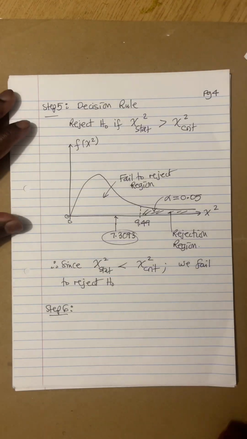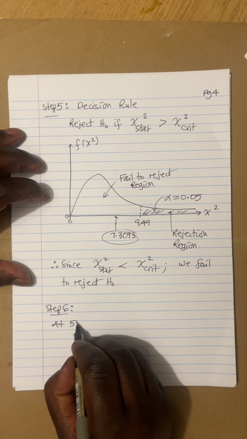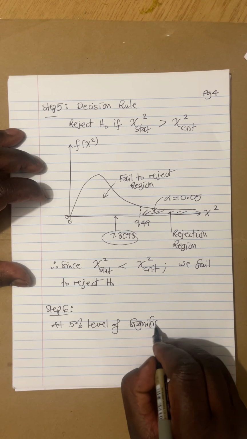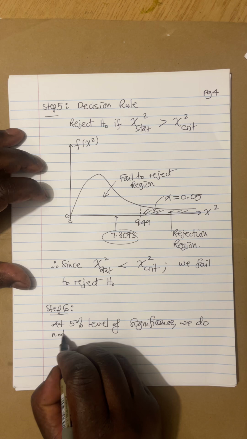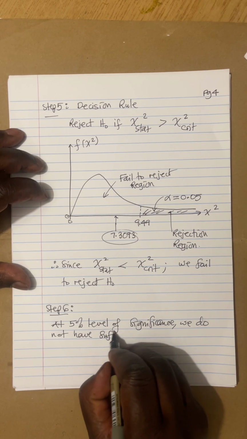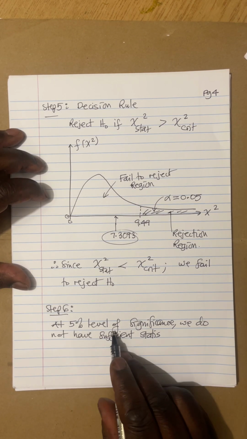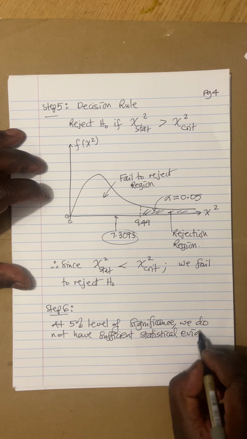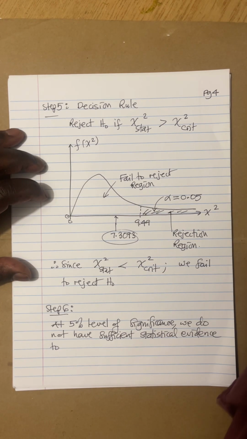So our final step there is, therefore, at 5% level of significance, we do not have sufficient statistical evidence to infer, respecting how the question has been phrased here.